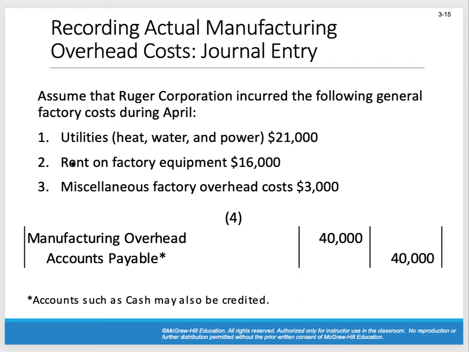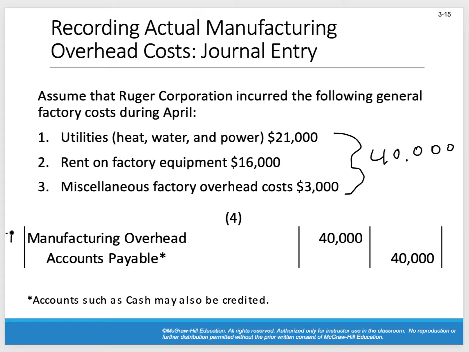The fact that we know it's indirect, we need to debit our manufacturing overhead account for the actual expense, right? So we add these up. That equals $40,000. So we need to get all these overhead costs into the manufacturing overhead account.